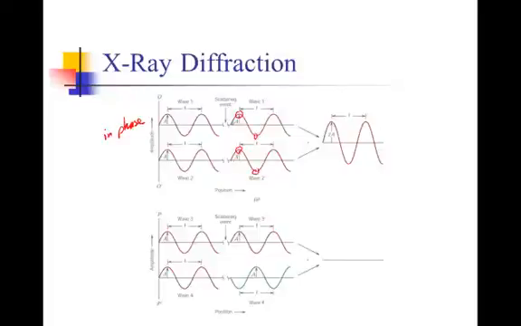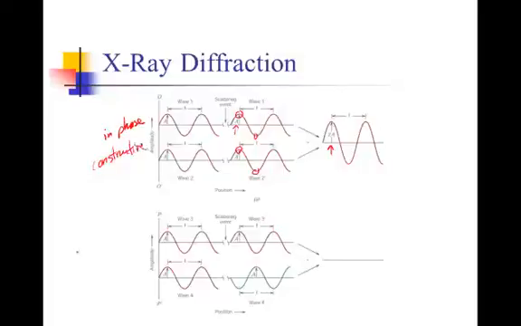And if they each have an amplitude of A, then when they are added together and the detector views them, it will see an X-ray with an amplitude of 2A. So they have really high intensity if they come in phase. And we call this constructive interference.